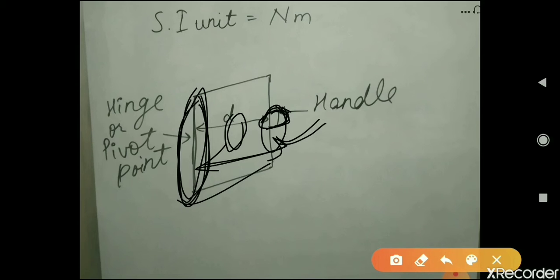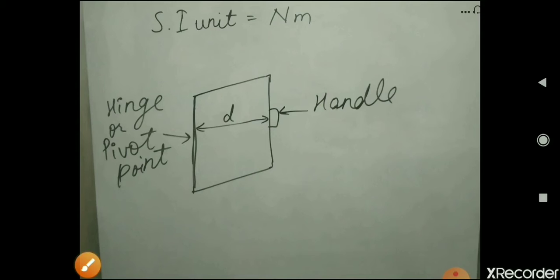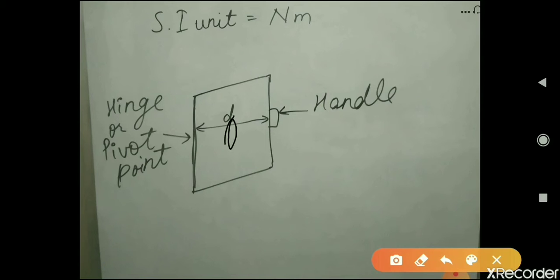Therefore, by applying a certain amount of force, we are able to turn the door easily. But if we apply the force somewhere in the middle of the door, where the distance is not maximum, which is less than this maximum distance, it will be difficult for us to turn the door. Understood, all of you?